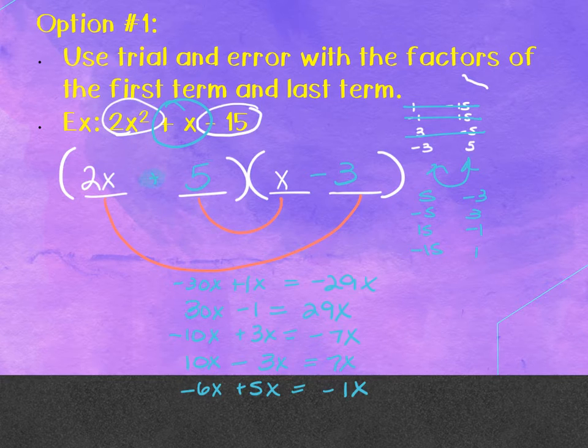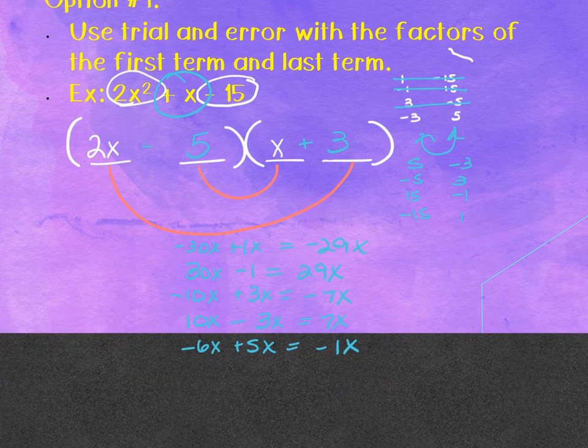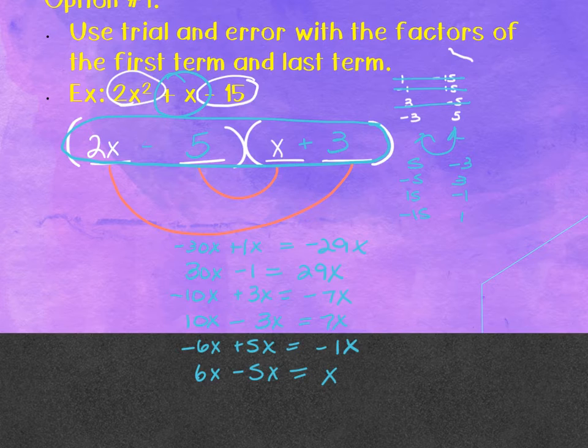So if I switch the signs, negative 5, positive 3, I get 6x minus 5x, which is a positive 1x. And it took all those tries to get there, but I found the combination that works. It's called trial and error for a reason. You're going to do a lot of trial and error.